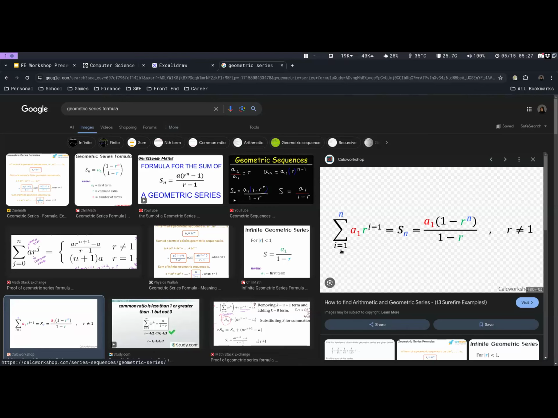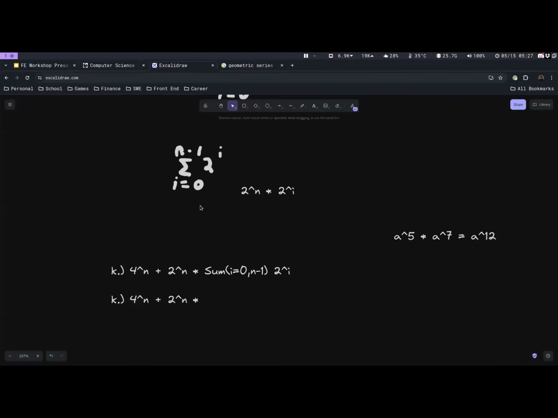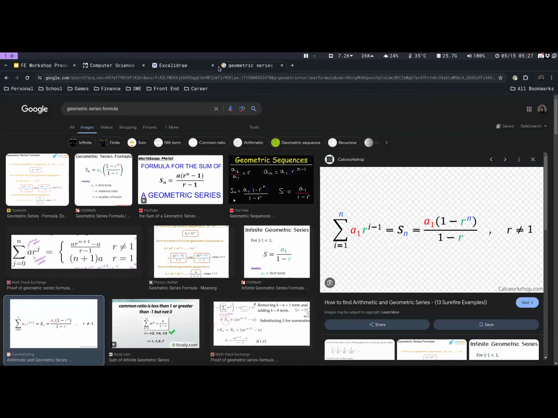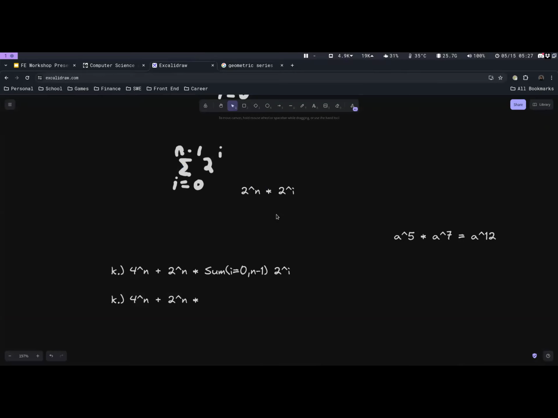So we go from i equals 1 up to n, and we're at i equals 0 up to n minus 1. We've hit a little bit of a crossroad here. So let me go ahead and look back to see something here.